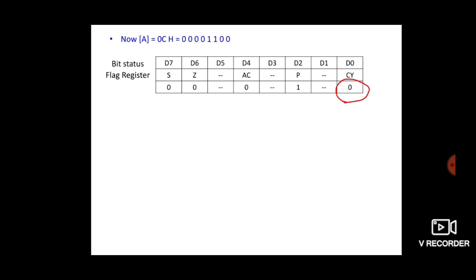Parity flag: when is it set or reset? If there is an even number of ones in the accumulator, then the parity flag is set. If an odd number of ones, then the parity flag is reset.